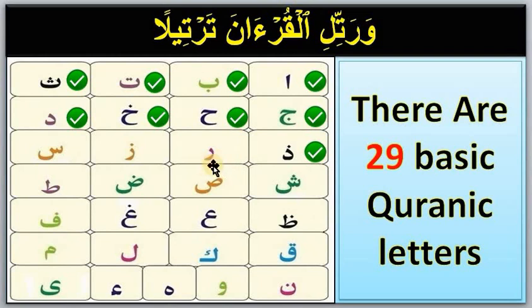This Ra is a semi-bold letter. Sometimes we read this letter with bold sound and sometimes with light sound. Inshallah, in the coming tajweed lectures we will discuss some basic tajweed rules about this letter Ra, when we can read it with bold sound and when with light sound.